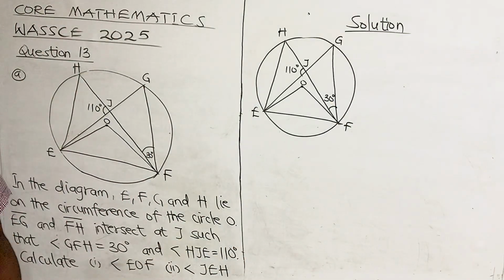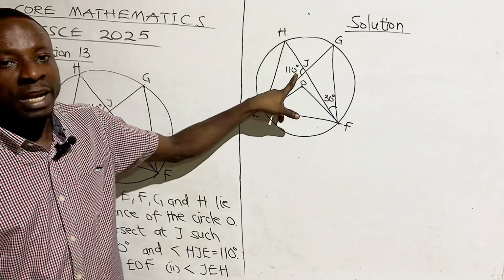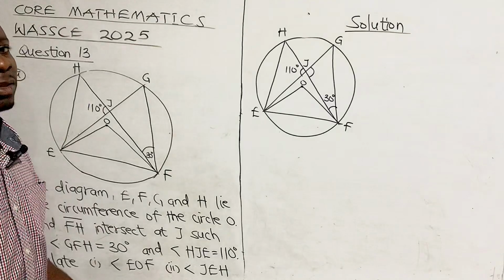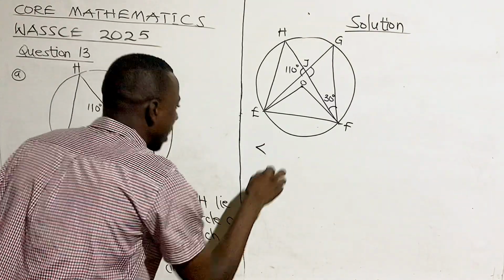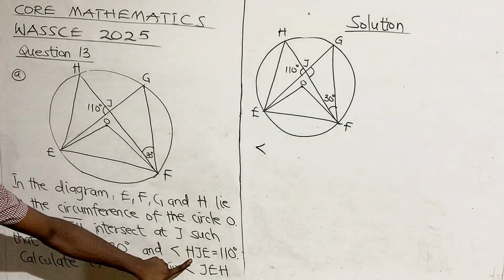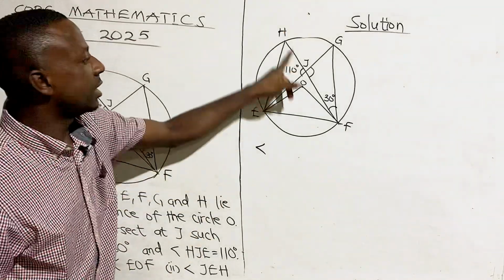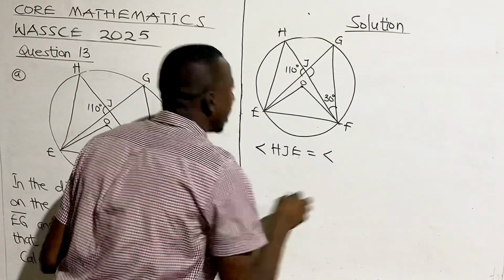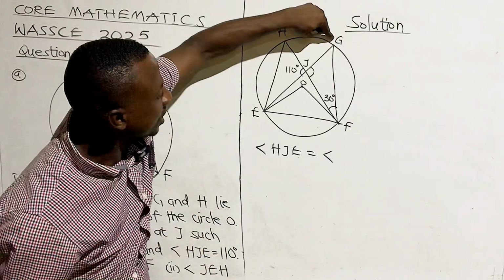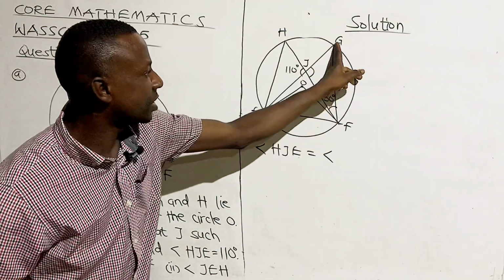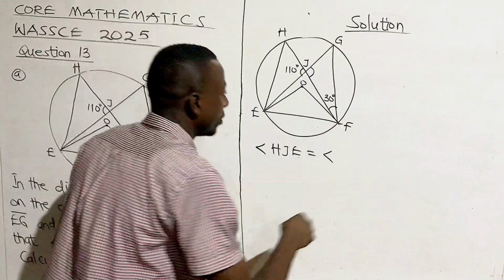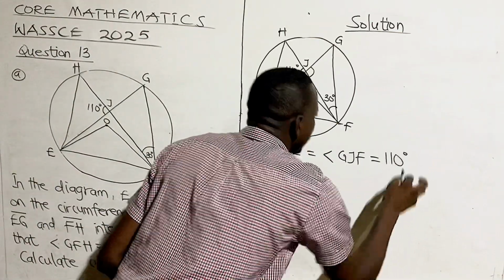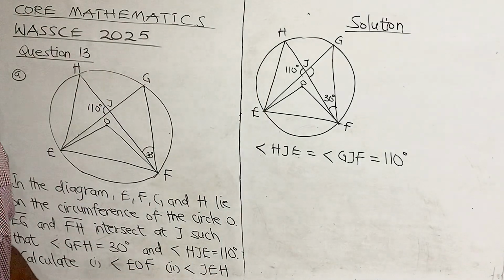We are starting where we have the 110 is equal to this angle here. So from here we can say that angle HJE is equal to angle FJG, and they are all equal to 110 degrees.